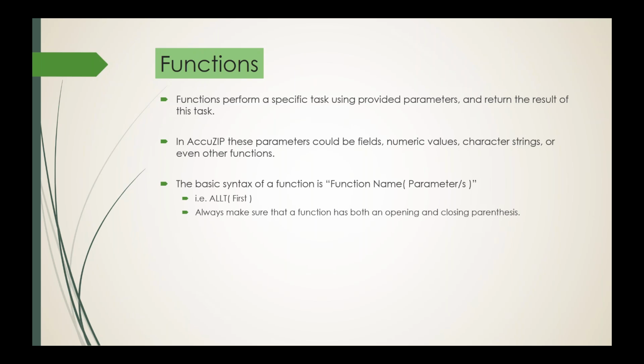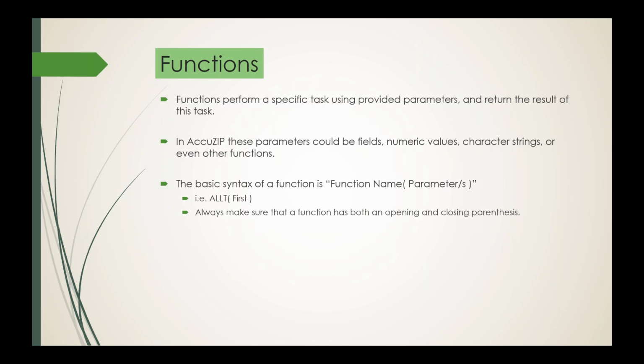Now, the basic syntax of a function is going to be function name, open parenthesis, parameters, and then close parenthesis. So for example, the AllTrim function, we'll go over that later, don't worry about that now, but there you can see we've got the function name, we have an open parenthesis, and currently the field that this function is running on is the first field.